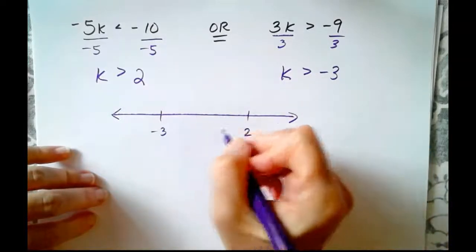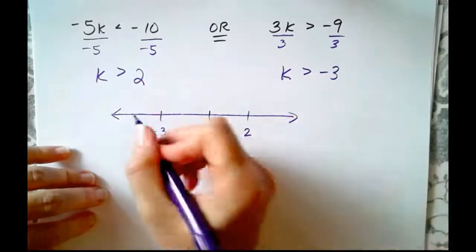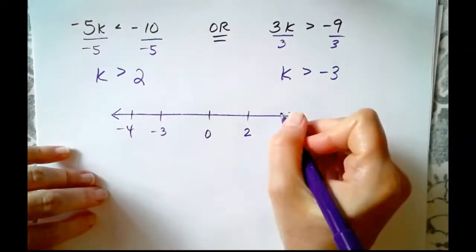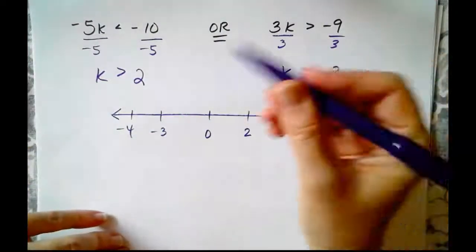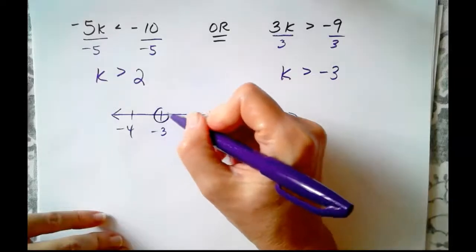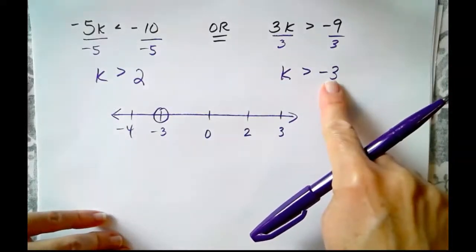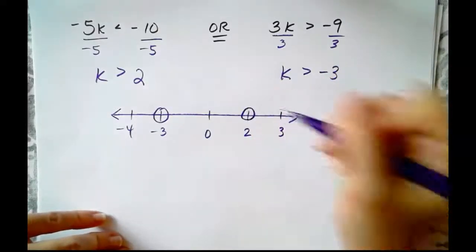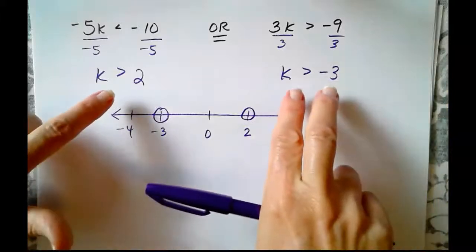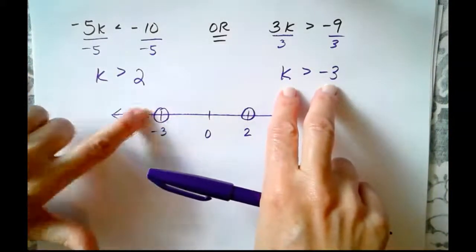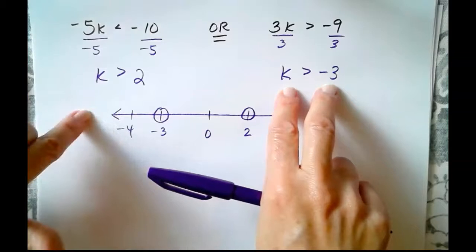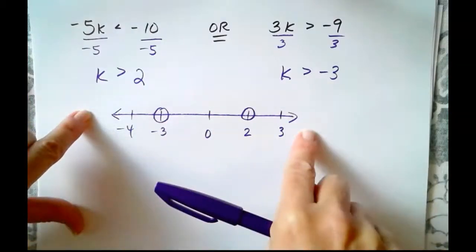So when we put this on our number line, think about what it should look like here. First of all, here is open on negative 3 and open on the 2. But if they're both greater than, nothing's going to the left. They're both going to the right.